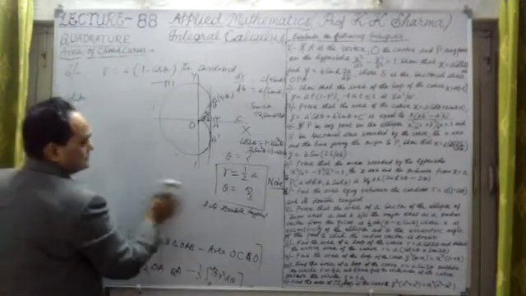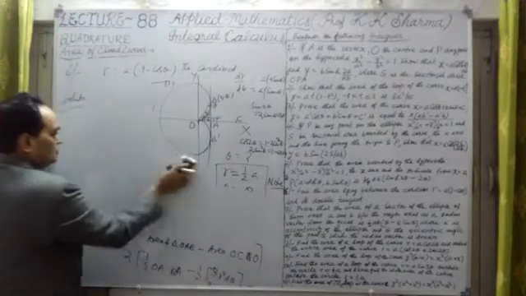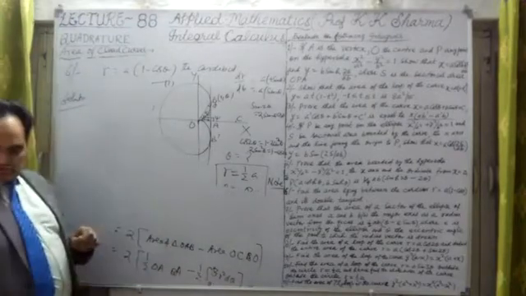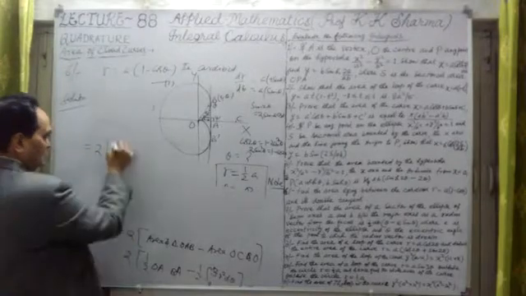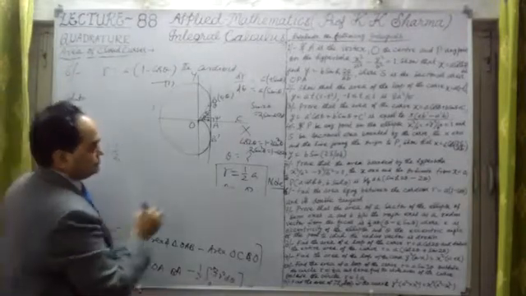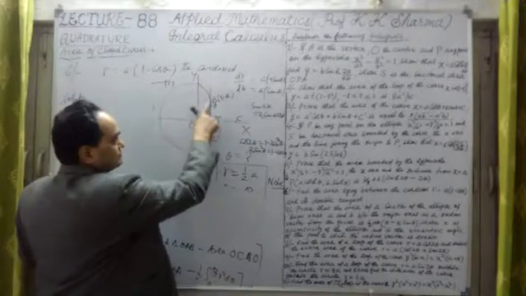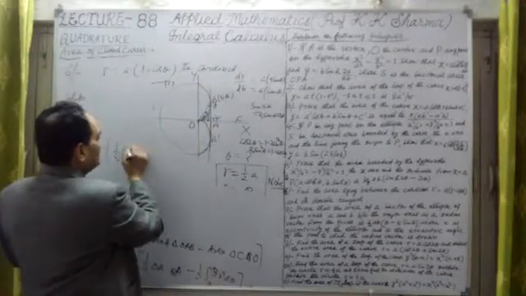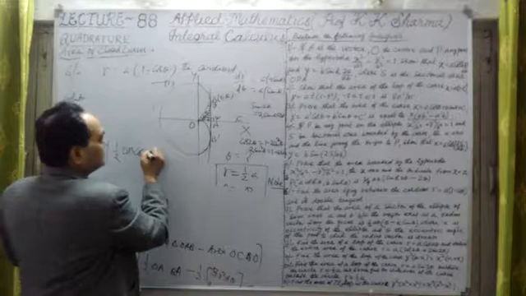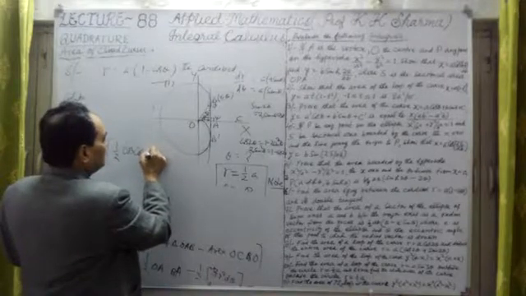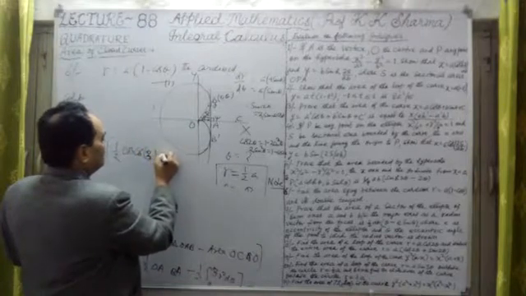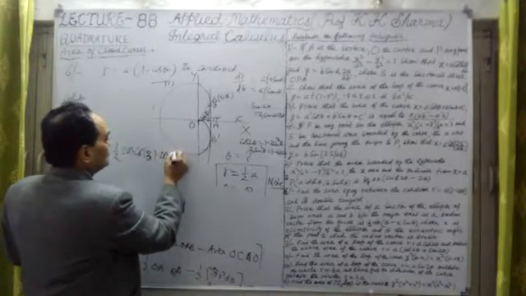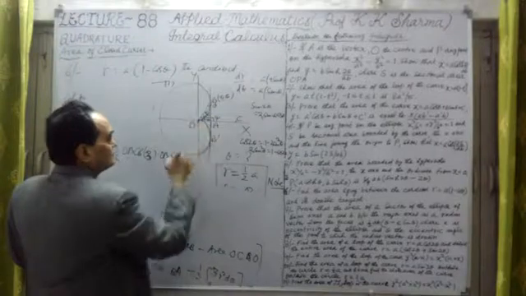Okay, so the total area of this cardioid will be twice half. OA is the base here. OA is OB cos 60 degree, pi by 3, into OB into sine, because this is perpendicular.